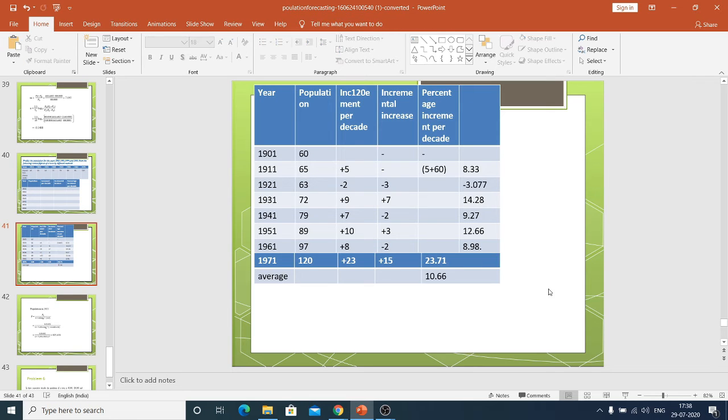Okay, so like this you will get the percentage increment per decade.